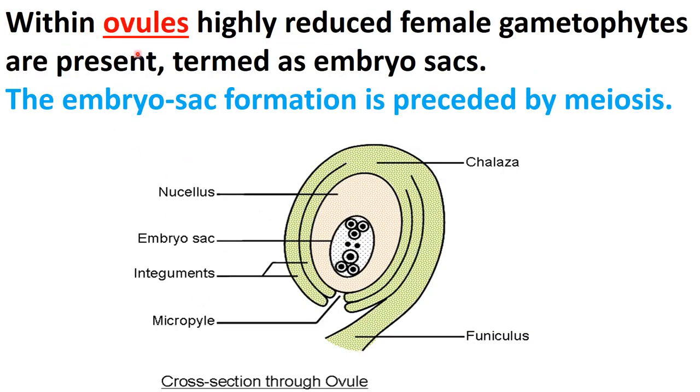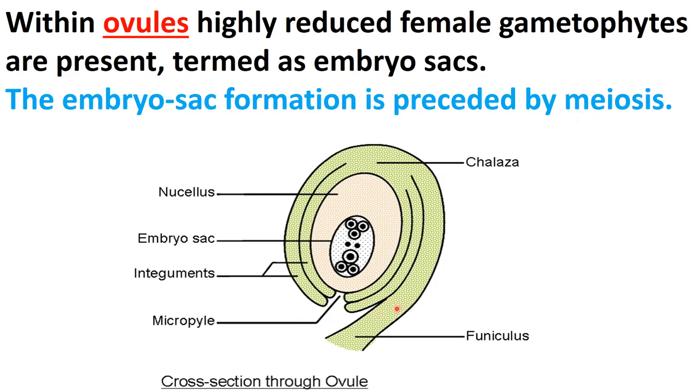Now within the ovules, the structures present inside the ovary, highly reduced female gametophytes are present. Highly reduced means a small structure made up of fewer cells. So within the ovule, female gametophytes are present, and these female gametophytes are called the embryo sac. The embryo sac formation is preceded by meiosis.